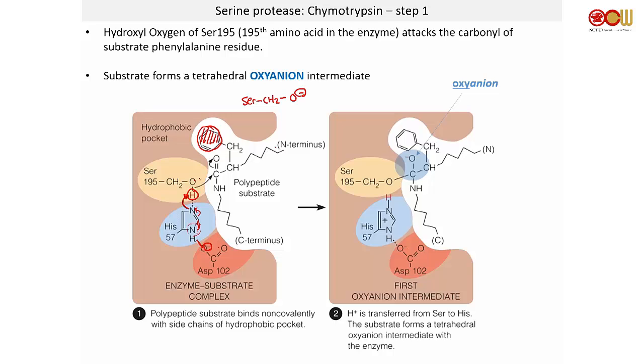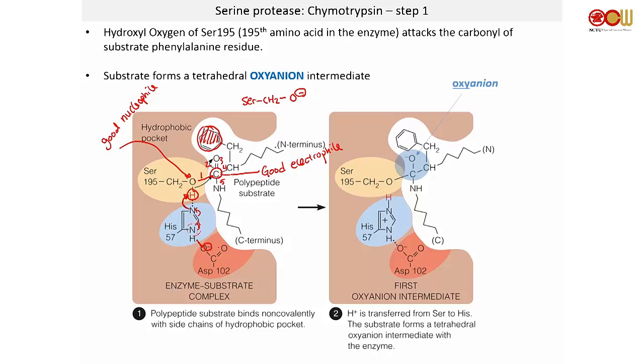And then this is a very good nucleophile. And then this nucleophile will attack the carbonyl carbon, which is a good electrophile, and it's going to form a new bond. Because it forms a new bond, then you're going to have 1, 2, 3, 4, 5 bonds.